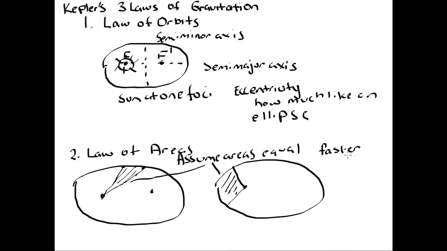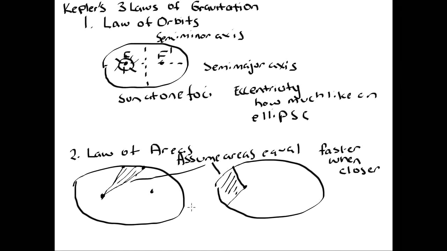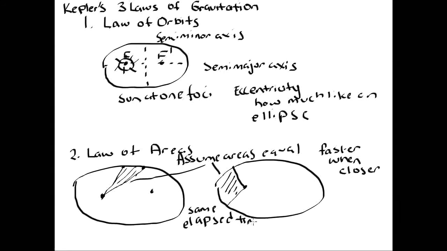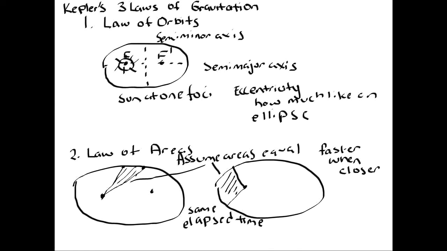For the one that has a smaller radius, the arc is greater. What that means is that it's traveled more distance, so it's faster when it's closer. But the elapsed time is the same, even though it's faster at smaller radius.